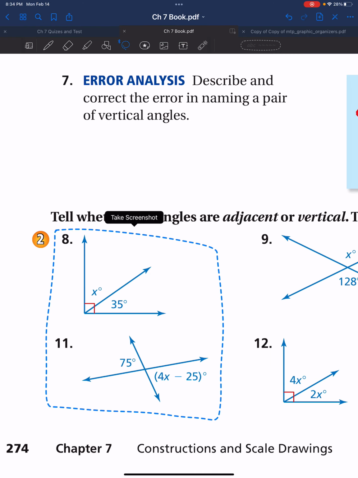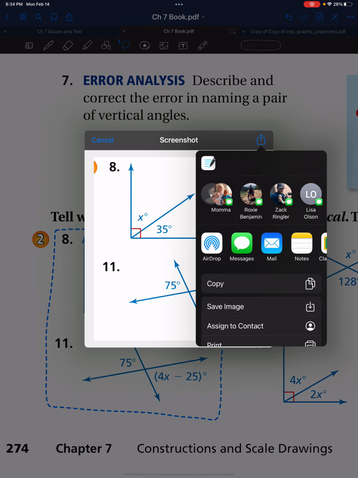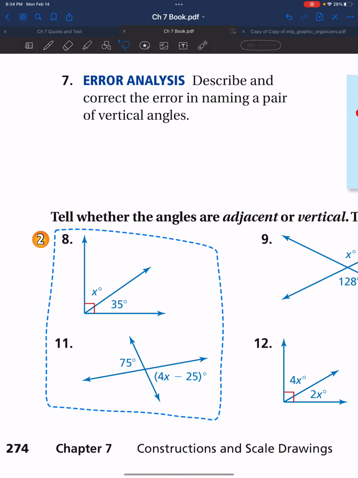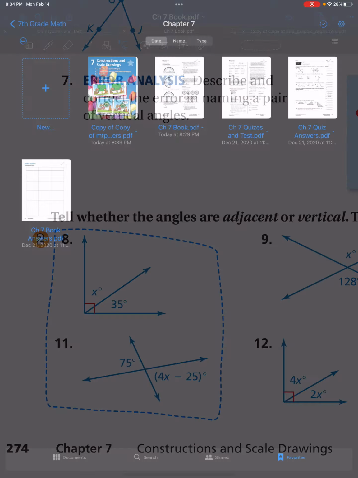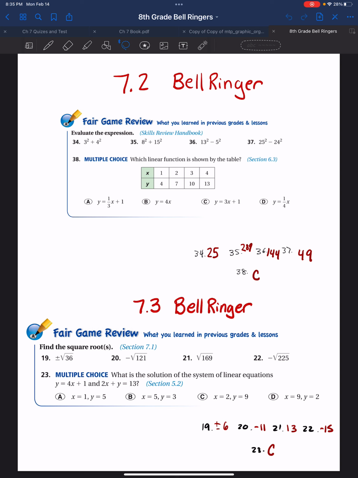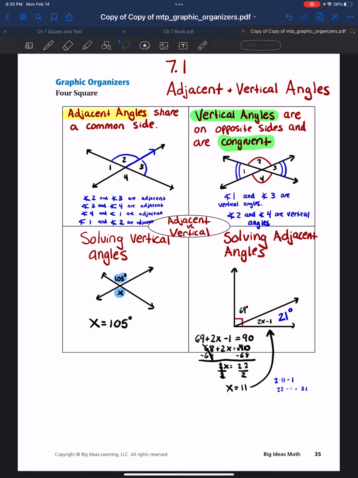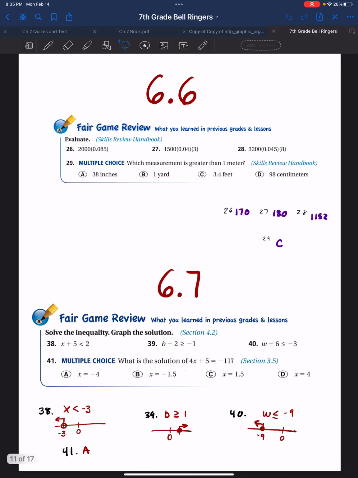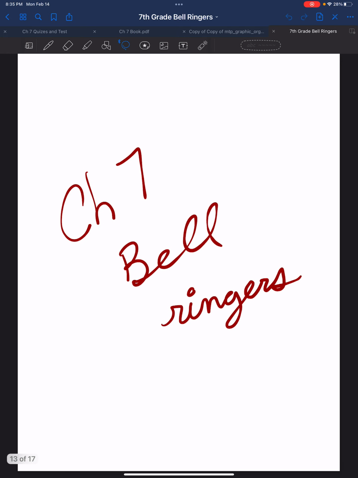So I'll go ahead and copy and paste that. And I will put it over here so that you guys can see this nicely. I'll just stick it in your guys' bell ringers. Okay.